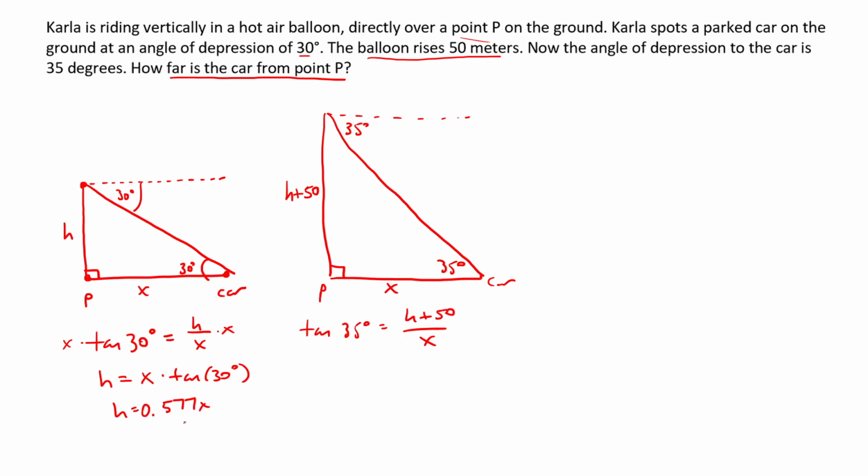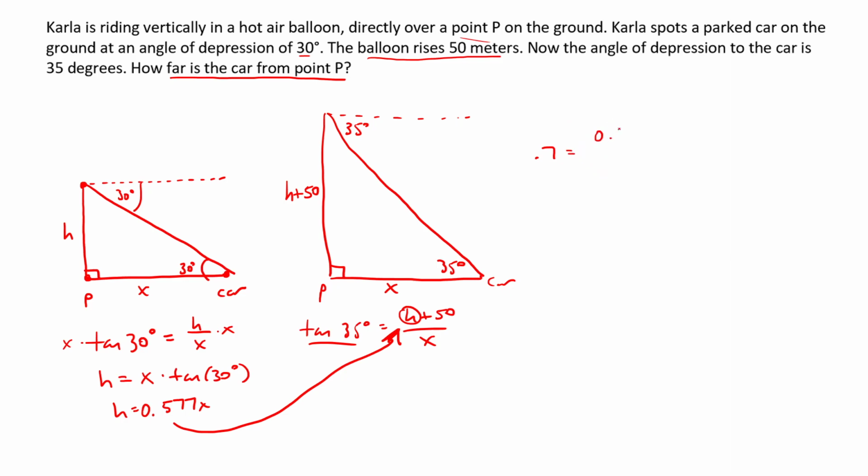Okay, now we can plug that in. Now that we know h, we can plug that into the other equation. And I'm just going to figure out what tan of 35 is. So tan 35 is almost 0.7 exactly. So I'll just round to that. No, sorry, not x.